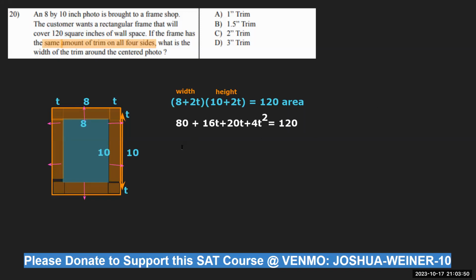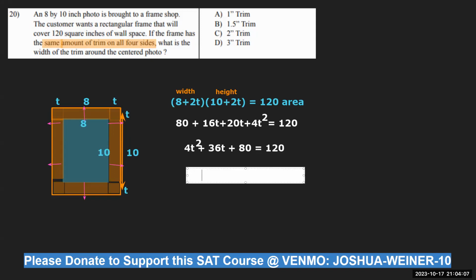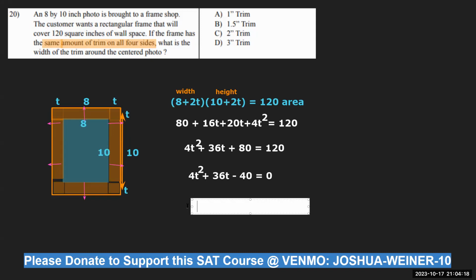Cleaning up terms and putting it in degree order, we have 4t squared plus 36t plus 80 equals 120. Subtract 120 from both sides. We get 4t squared plus 36t minus 40 equals 0. Divide everything by 4: t squared plus 9t minus 10 equals 0.